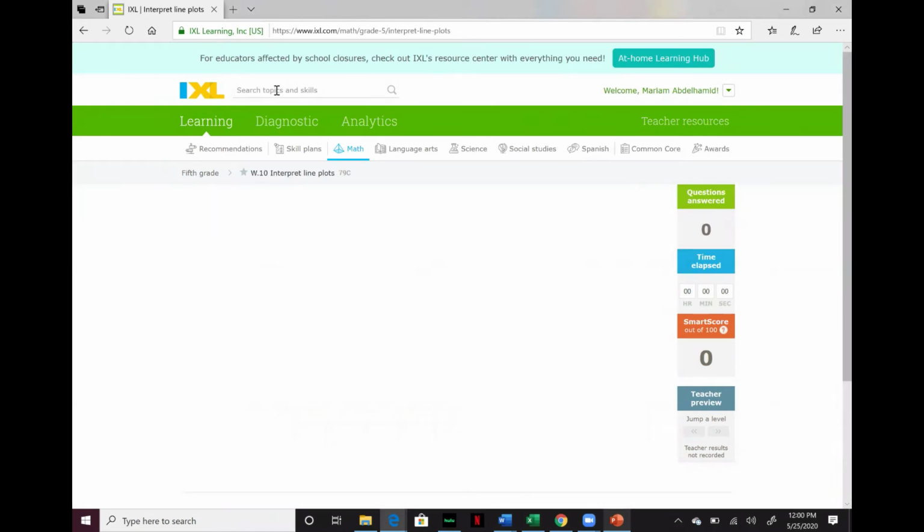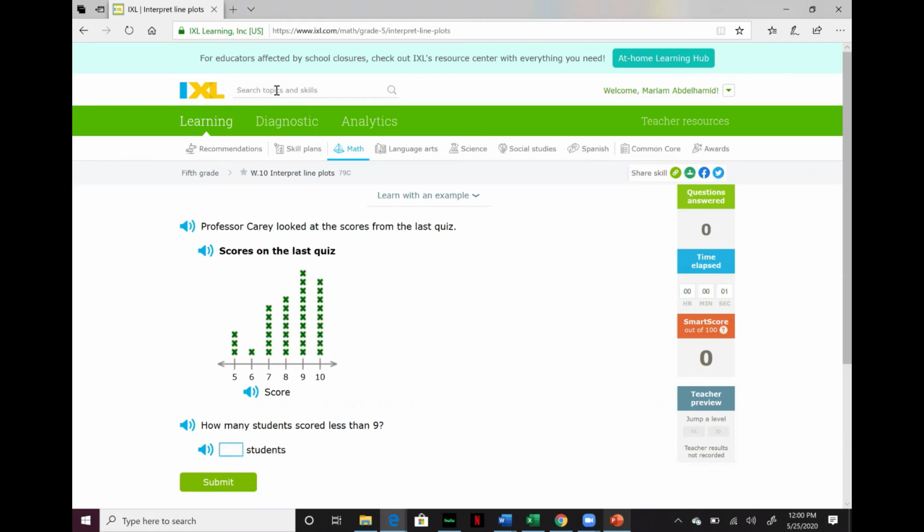So the last IXL skill is on interpreting line plots, not line graphs. And this is 79C. So it says, Professor Carey looked at the scores from the last quiz. Scores on the last quiz are shown as between 5 and 10. And again, each X or each dot, sometimes they're dots, sometimes they're X's, represents a person typically.